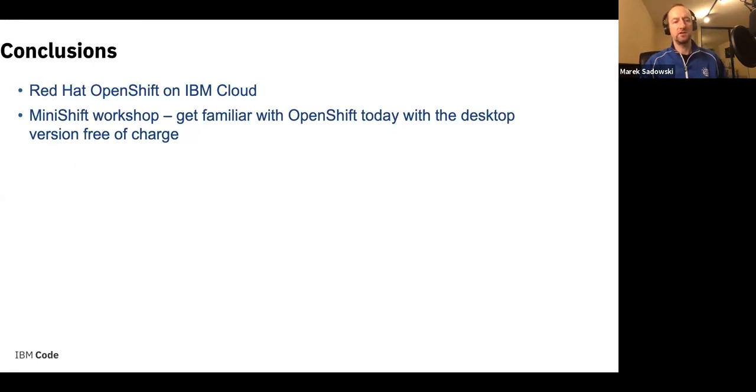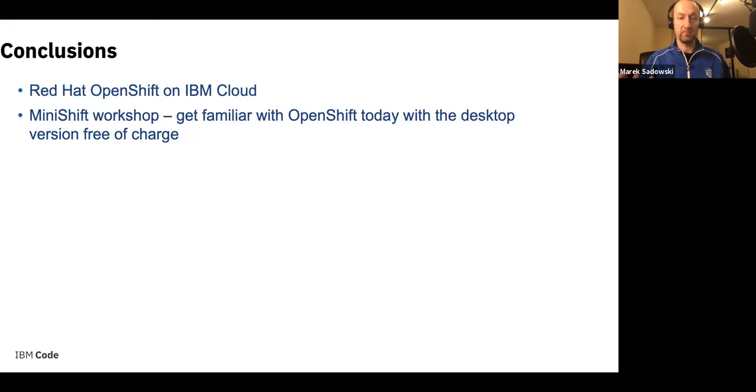So conclusions. Red Hat OpenShift on IBM Cloud is the managed version of OpenShift, and you can access it and use it for production environments. There's also managed Kubernetes, and I tried to explain what the difference is between Kubernetes and OpenShift.